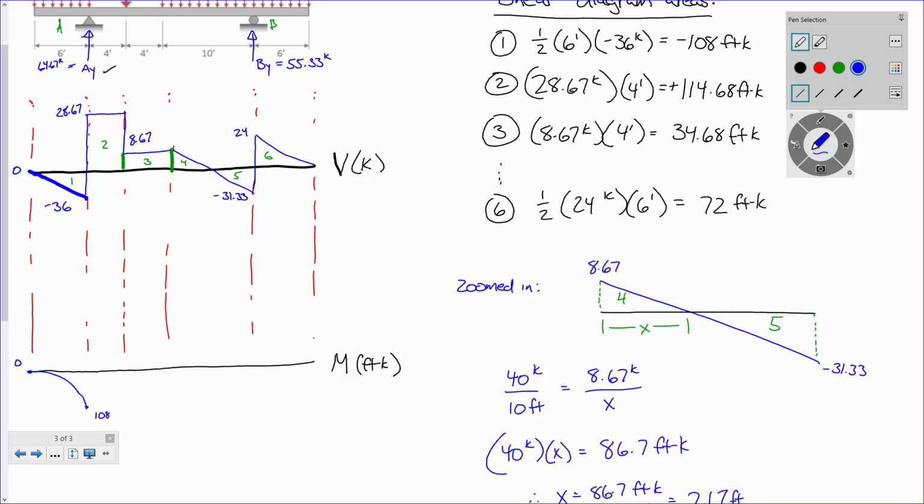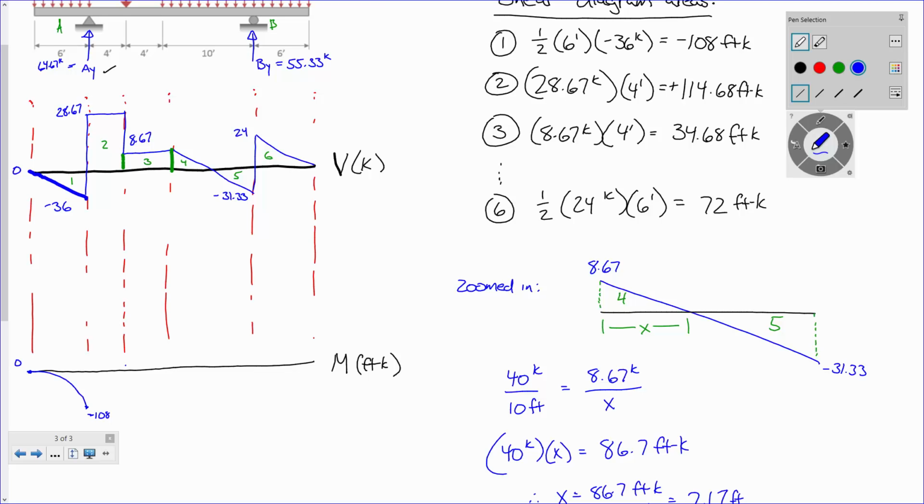Okay, now, all right, so let's watch this. From point 1 to point 2, I go up positive 114.68, okay? So if I'm at negative 108 and I go up 114.68, where am I at?